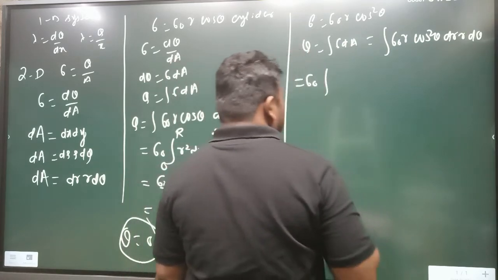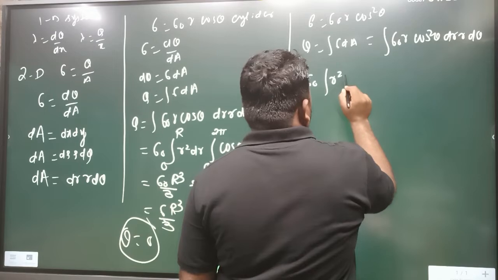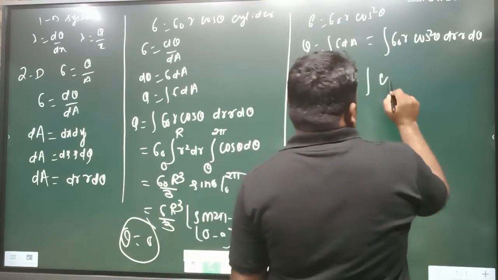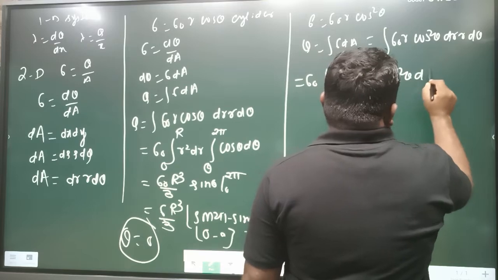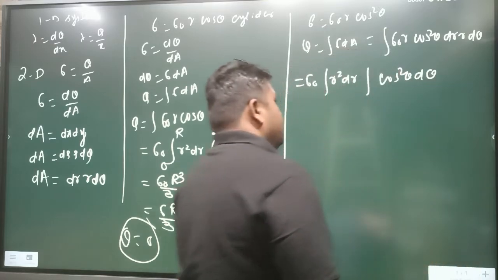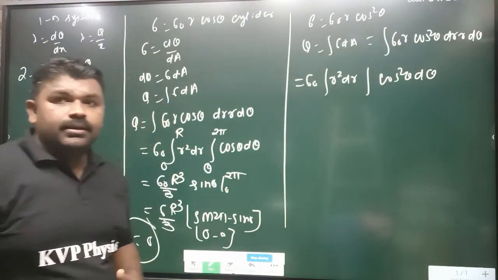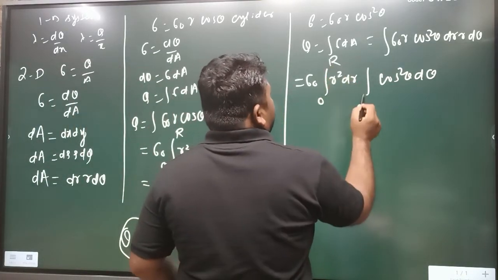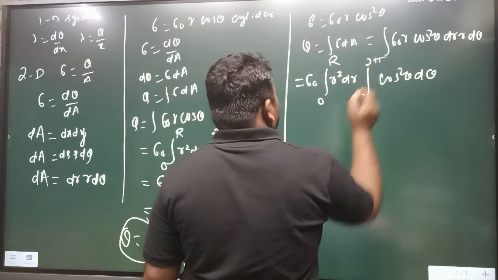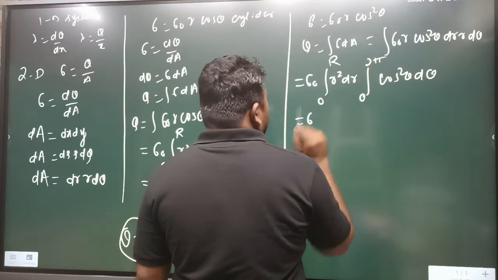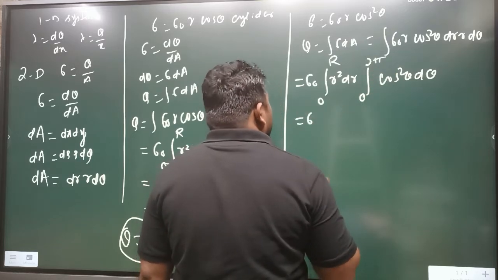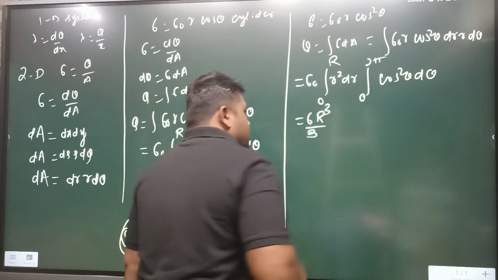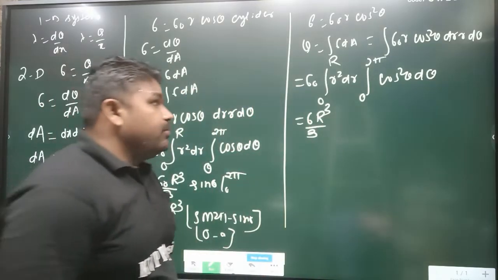The integration of r square dr into cos square theta d theta, with r varying from 0 to capital R and theta varying from 0 to 2 pi. Then the integration of r cube upon 3, substituting the limit, gives sigma r cube upon 3 into cos square theta.